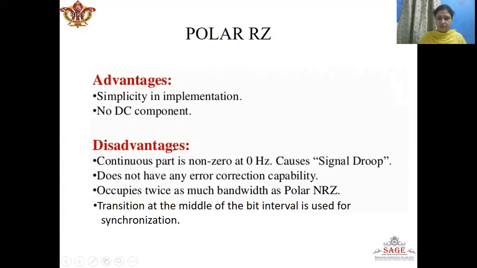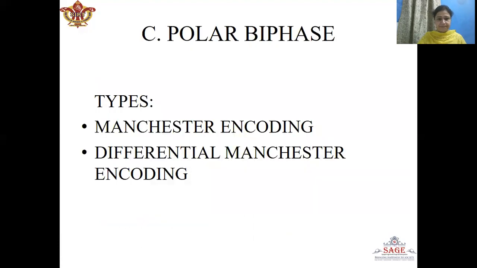Advantages of polar return to zero: it is simple to implement and it has no DC component because both polarities are used. The disadvantage is that it does not have any error correction capability. The bandwidth is twice that of polar NRZ, and there is a transition at the middle of the bit interval which increases its bandwidth. But this transition at the middle of the bit interval causes self-synchronization, which is an advantage.